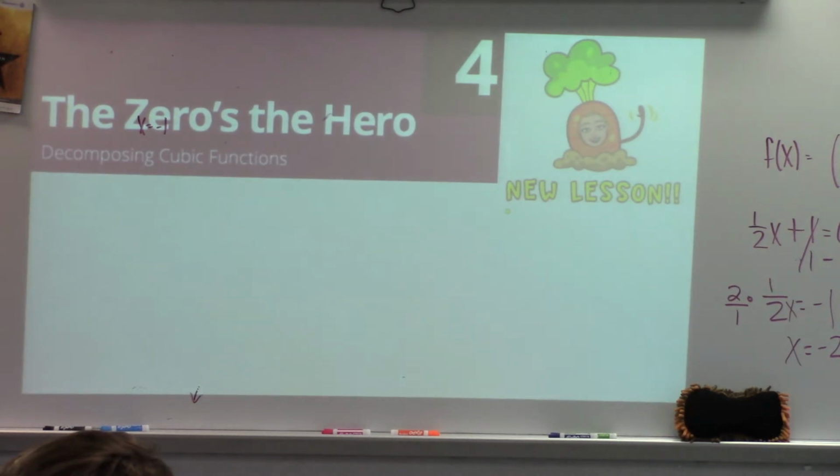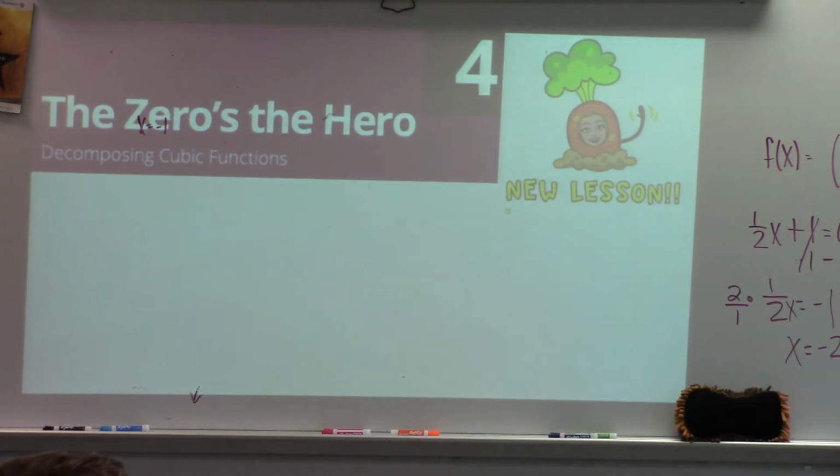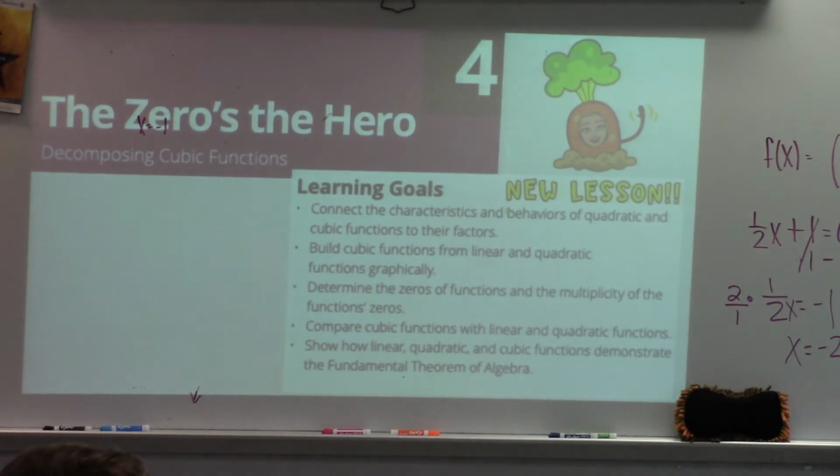New lesson. Okay, so now we're going to be decomposing functions. Does anyone need this copy? Okay, so we have some new learning goals. We're still connecting characteristics and behaviors of these functions back to their factors, building cubic functions from linear and quadratic functions graphically.